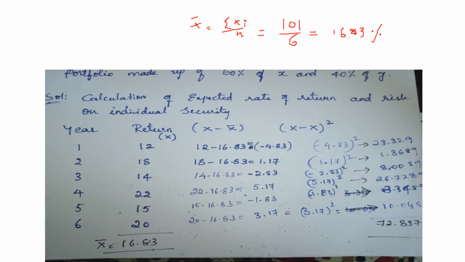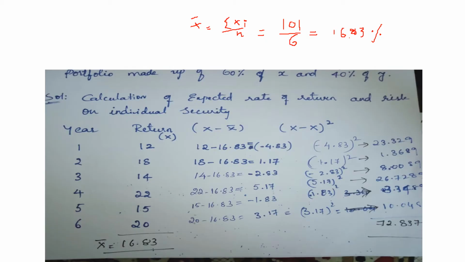So here in the Markowitz model, you have to find the standard deviation as well as the variance. For that purpose, we are going to take X minus X bar, and X minus X bar the whole square. Here X is the return of individual securities. So 12 minus X bar, which we have already found, that is 16.83.